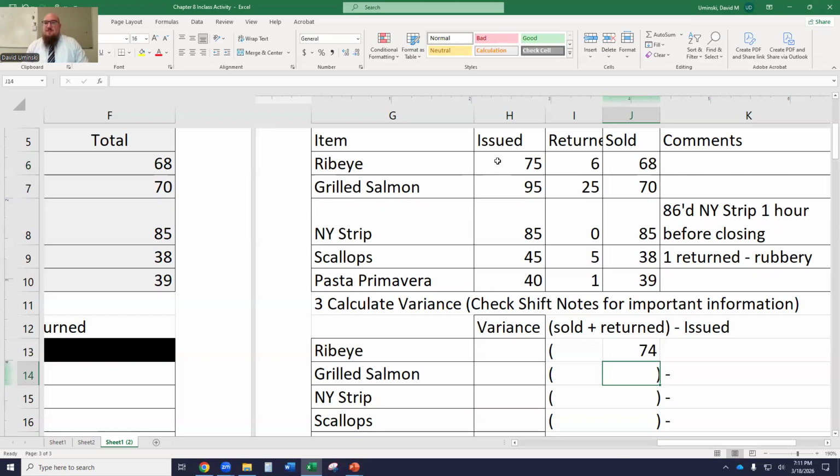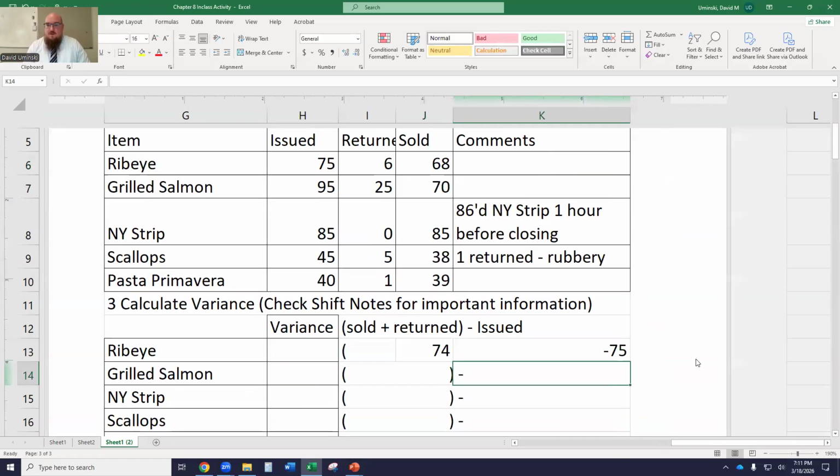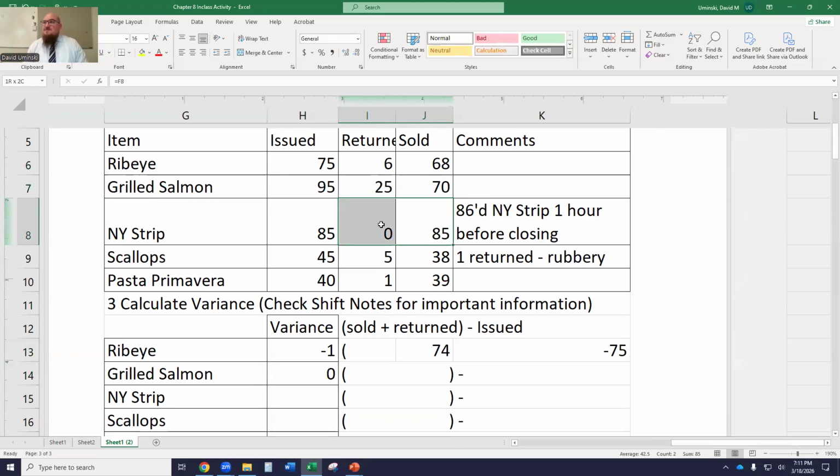So if I issued 75 ribeyes, what is 74 minus 75? -1. That's important. Okay. So grilled salmon, what's 70 plus 25? 95 minus 95? 0. Good. 85 plus 0, minus 85? They're all accounted for.